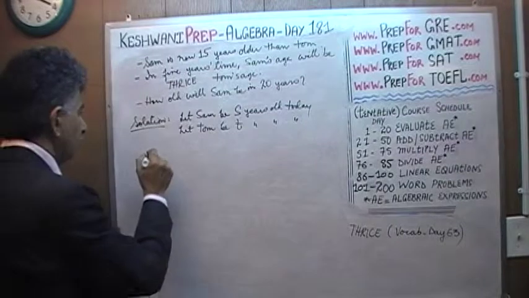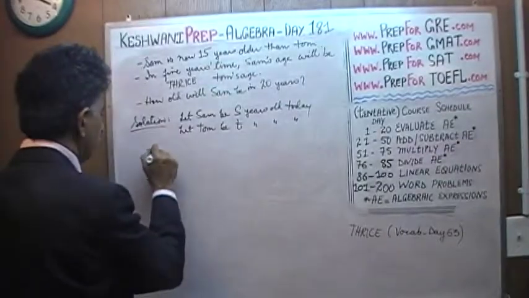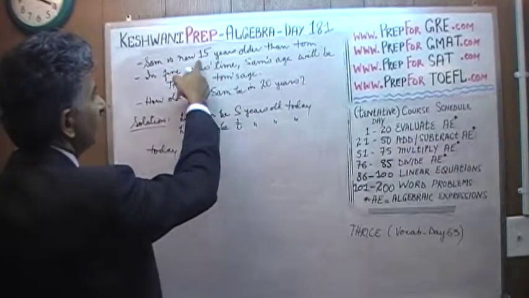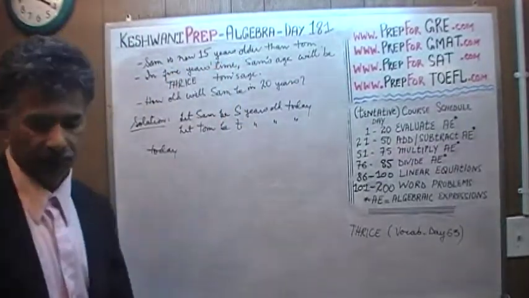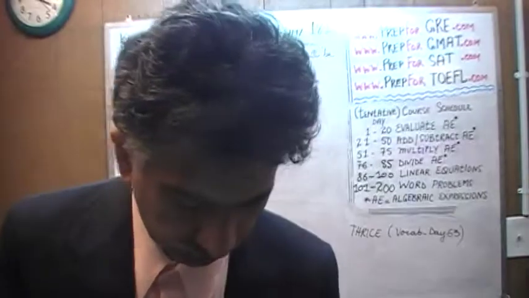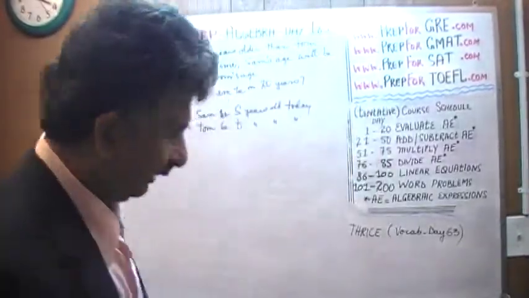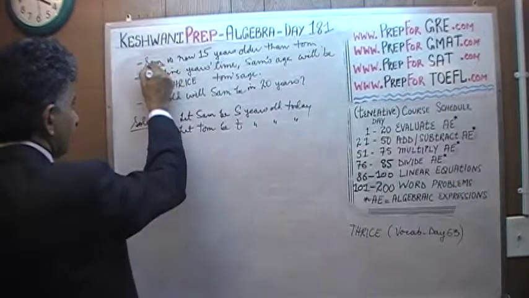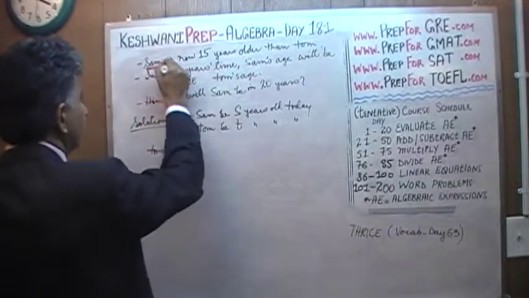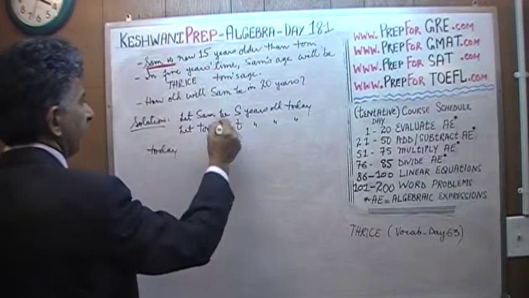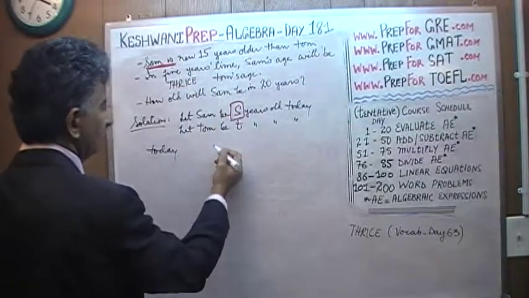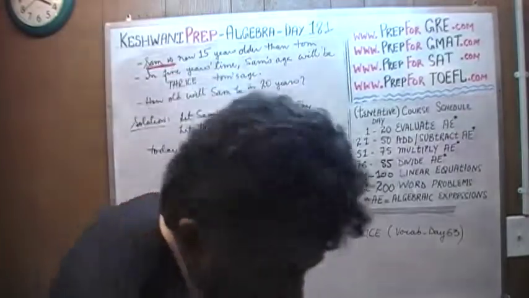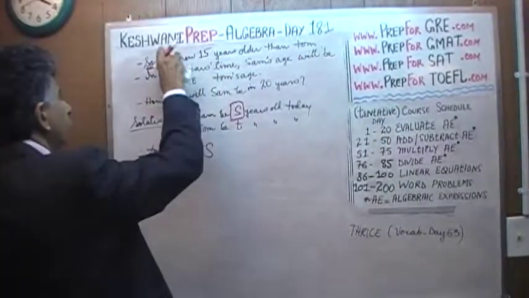So we are told, according to the problem, that right now, Sam is 15 years older than Tom. We have to translate this first sentence into an equation. Sam, how old is Sam? Sam, we said, is S years. S stands for Sam's current age today.